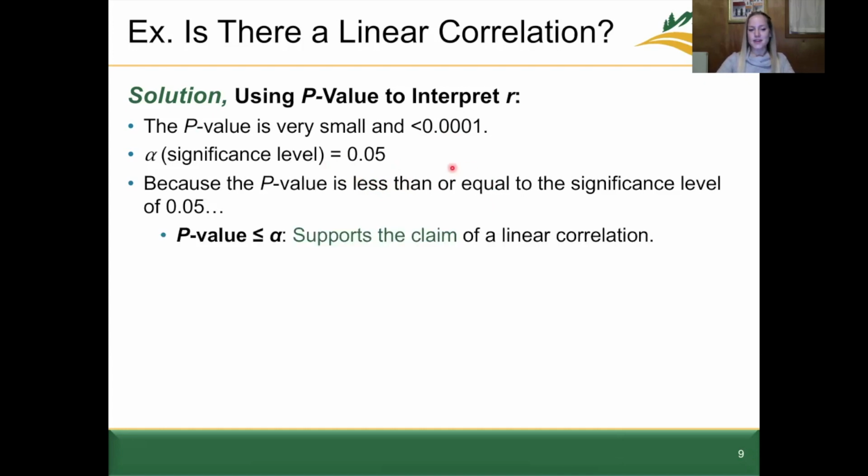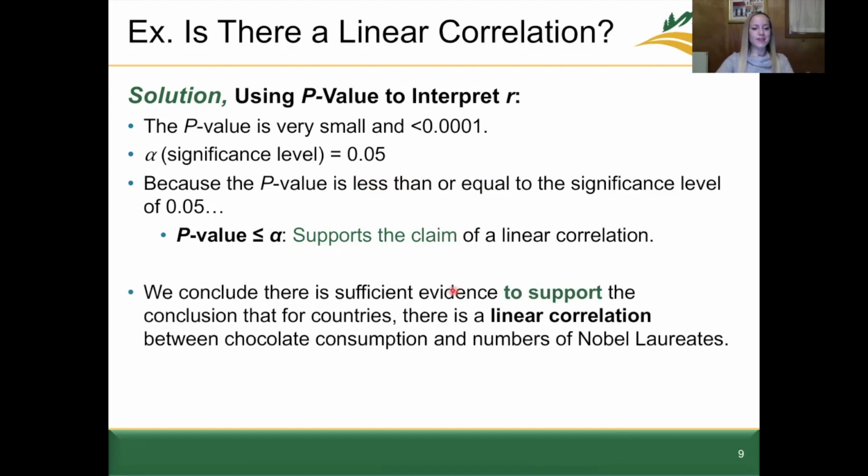Based on this comparison, our p-value is less than or equal to alpha. This supports the claim of a linear correlation. In other words, we conclude that there is sufficient evidence to support the conclusion that for countries, there is a linear correlation between chocolate consumption and numbers of Nobel laureates.